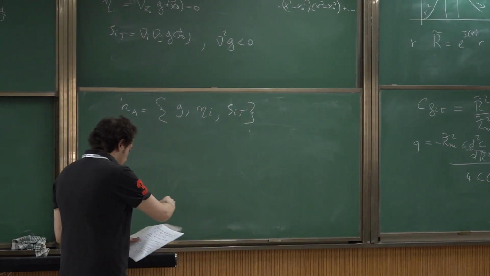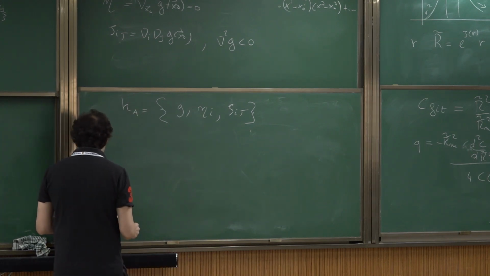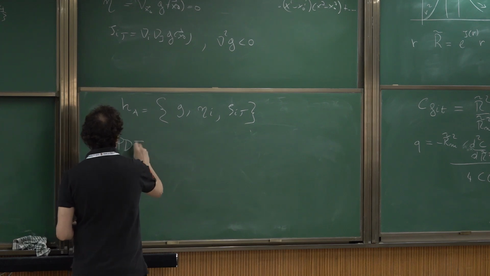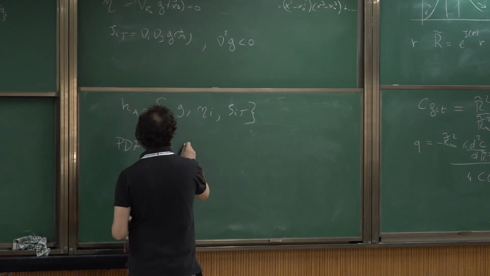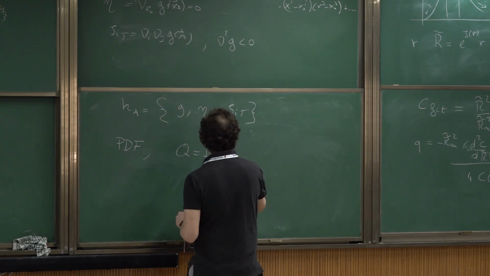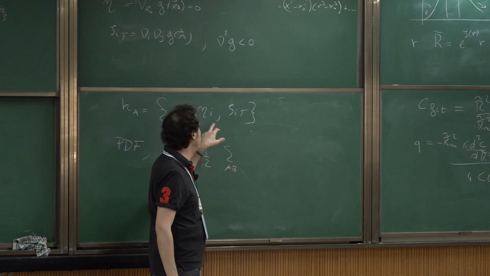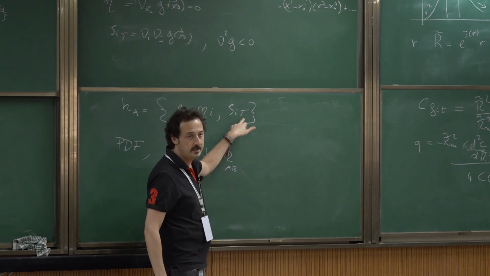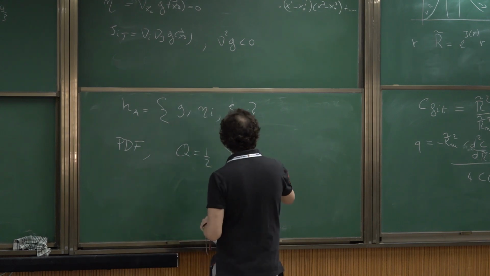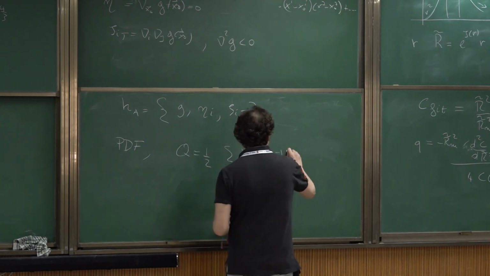Because this is a Gaussian distribution, the PDF, the probability distribution function, is determined by the quadratic form, which is 1/2 sum over A and B. A and B run over all these indices, so this is 3 by 3. So this will be H_A M_AB^-1 H_B.